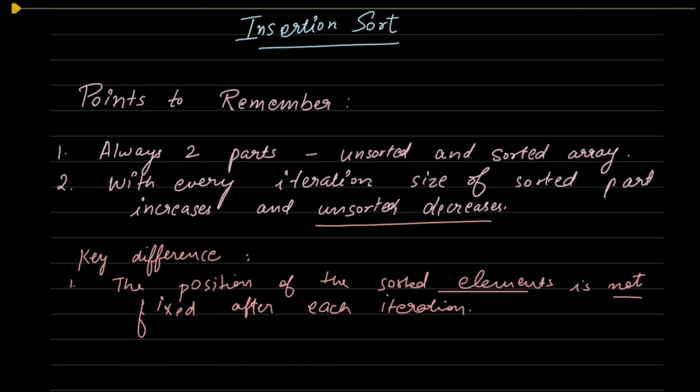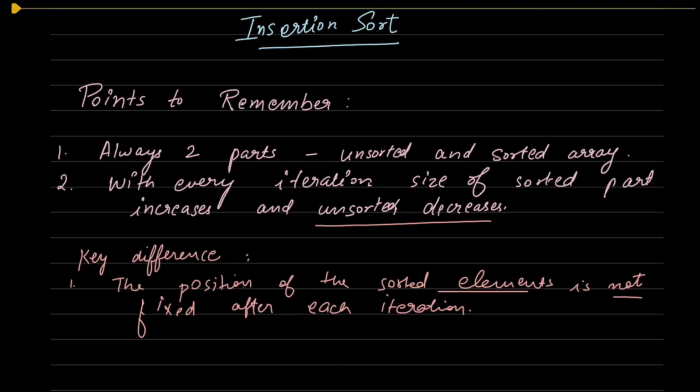And in bubble sort and selection sort, when we started sorting, we used to pick the first element, and then during that iteration, after doing consecutive comparisons, we used to pick the largest element from that list and put it on one side.